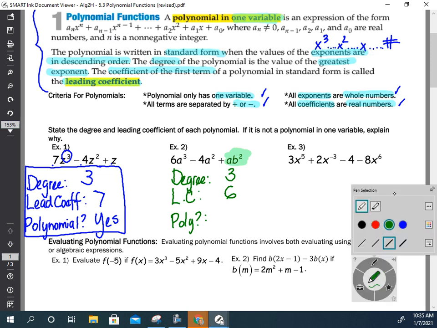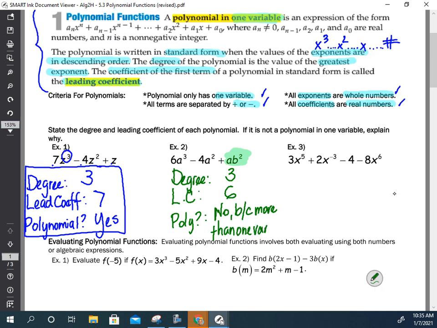So the answer is no, because there is more than one variable. If the answer is no, don't just put no, tell me why it's no. Questions on example 2?